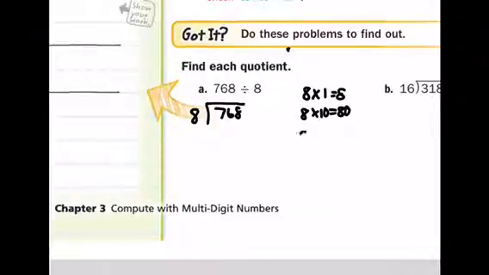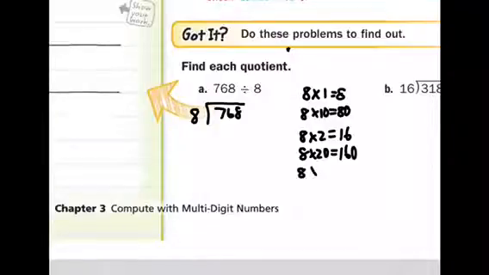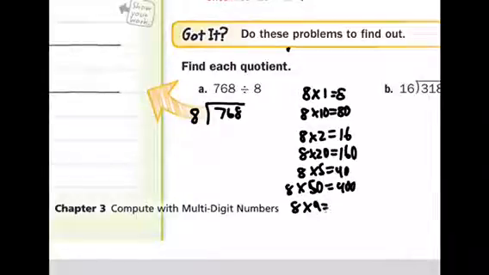I know 8 times 2 is 16. 8 times 20 is 160. I know 8 times 5 is 40. 8 times 50 is 400. And I could add another one. So I know 8 times 9 is 72. So 8 times 90 is 720.